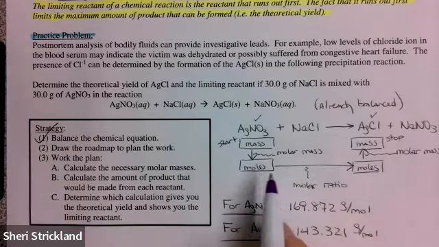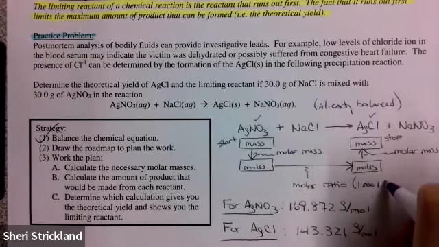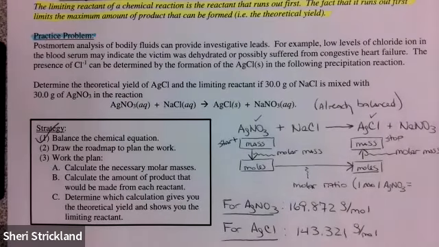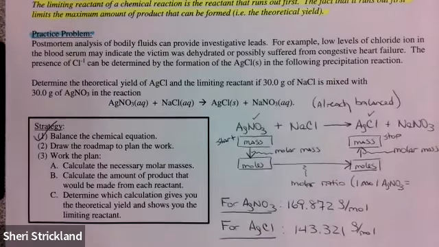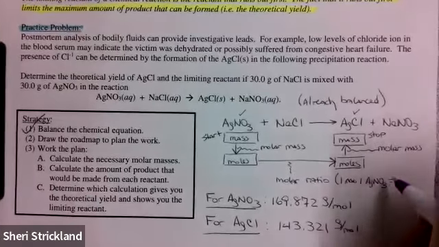And you can see that the molar ratio between these two is 1 mole of silver nitrate makes 1 mole of silver chloride. Let's put this under there and give us a little more room.